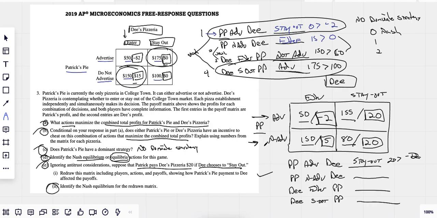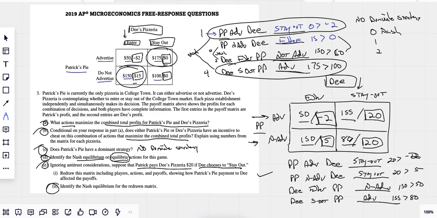If Patrick Pie does not advertise, D will obviously choose to stay out, because 20 is greater than 5. If D enters, Patrick Pie would not advertise, because 150 is greater than 50. And if D stays out, Patrick Pie would advertise, because 155 is greater than 80.